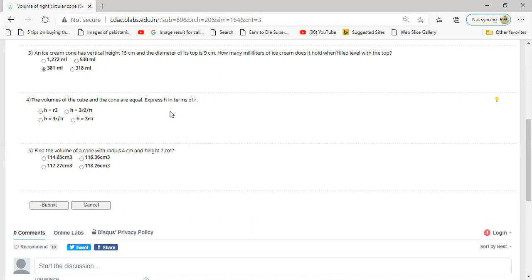So h and r. This question is not completed. Express h in terms of r. So 3a cube by pi r square.